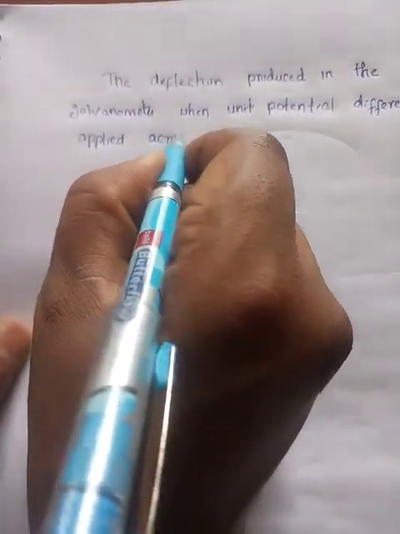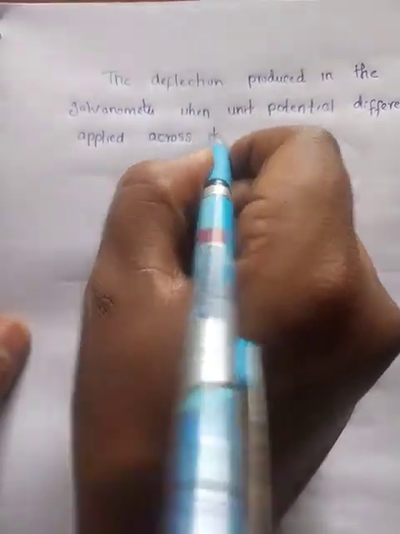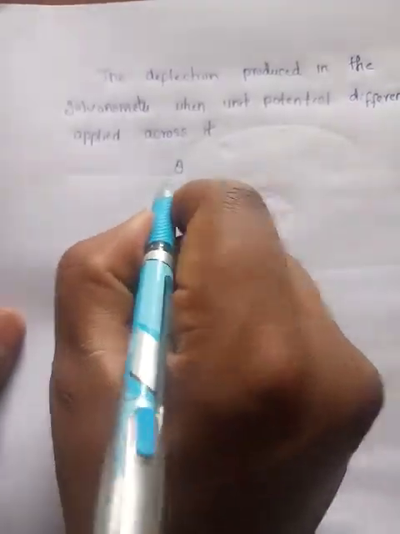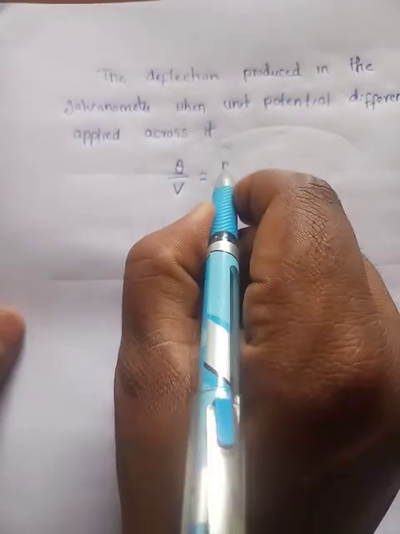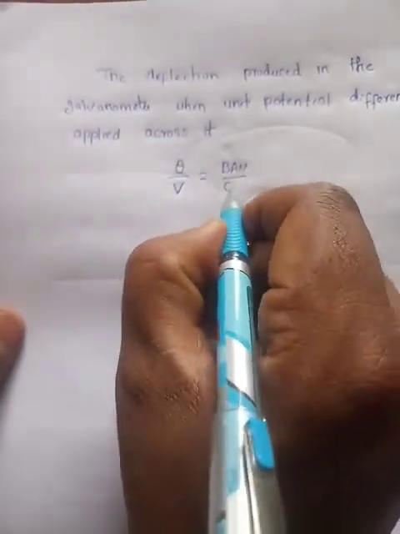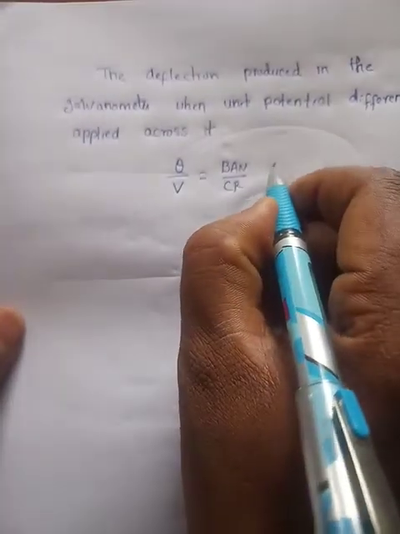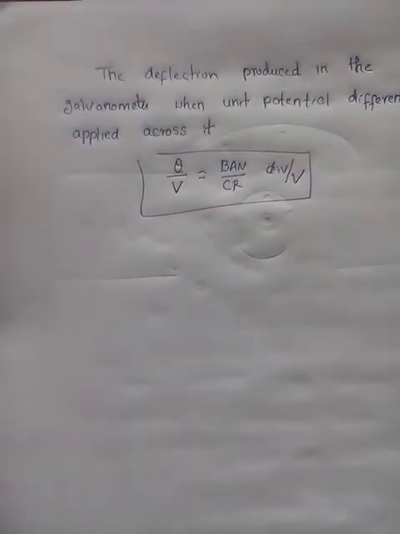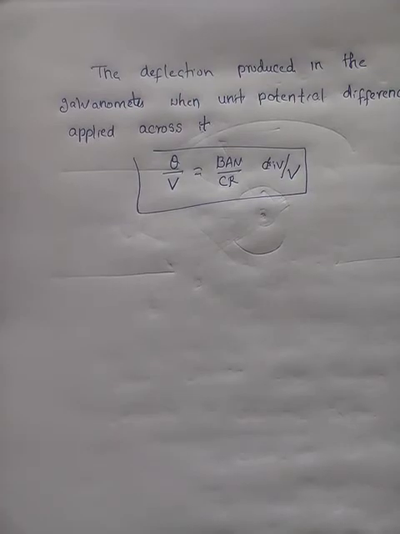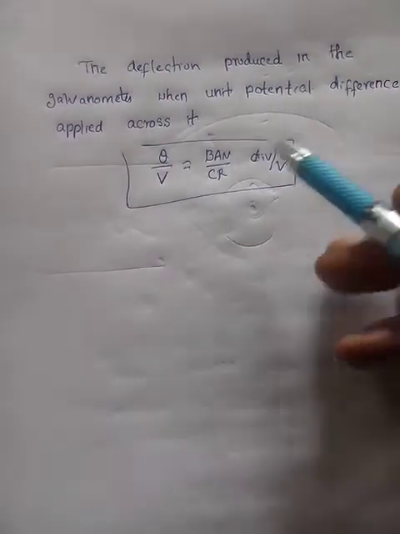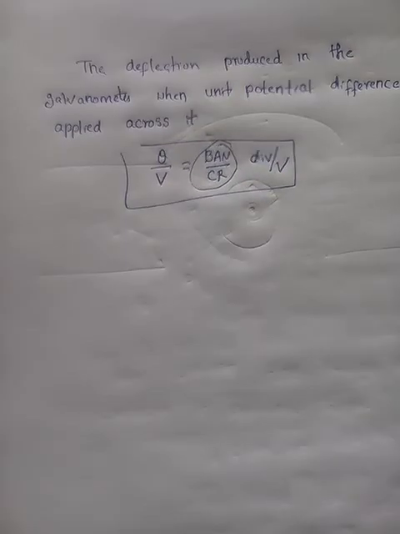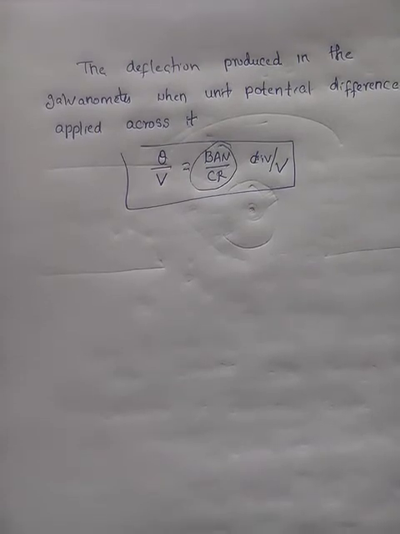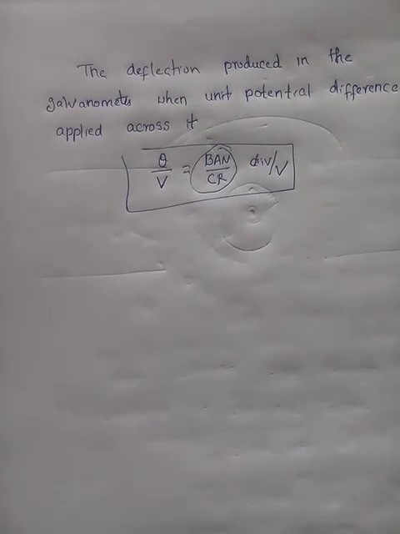This is theta by V, called voltage sensitivity. Theta by V equals BAN by CR, and the unit is division per volt. We can increase or decrease the voltage sensitivity if we know these factors. So this is about current sensitivity and voltage sensitivity.